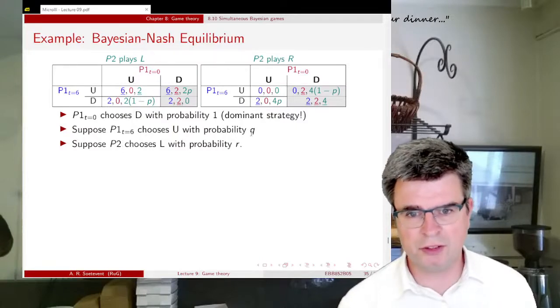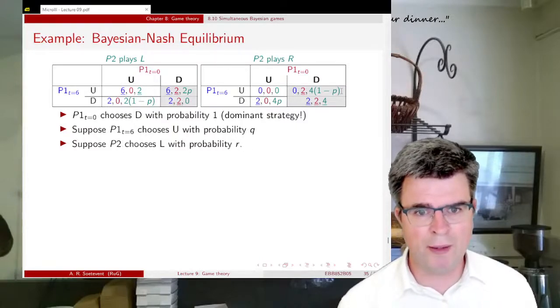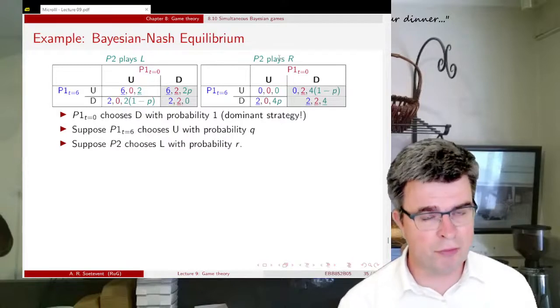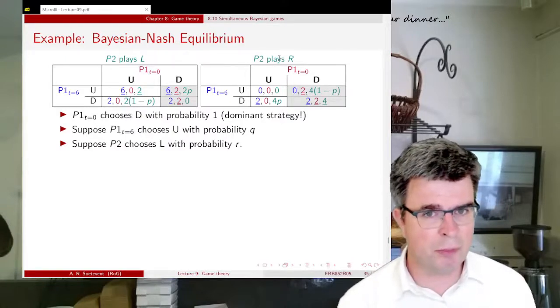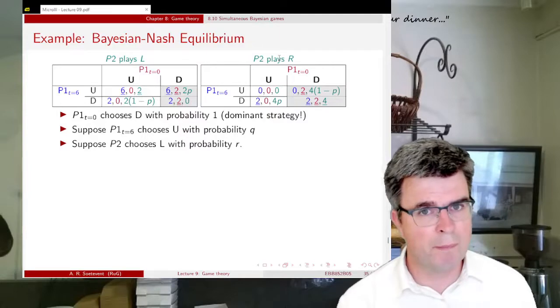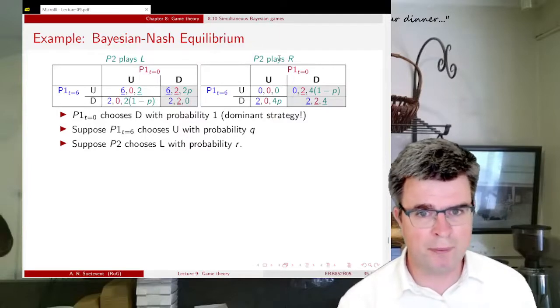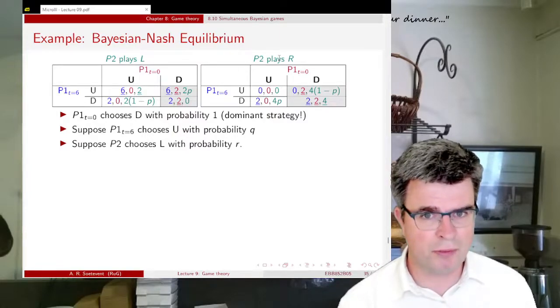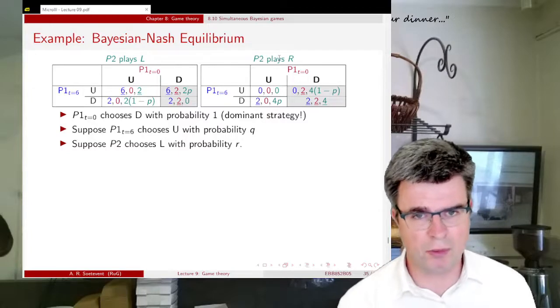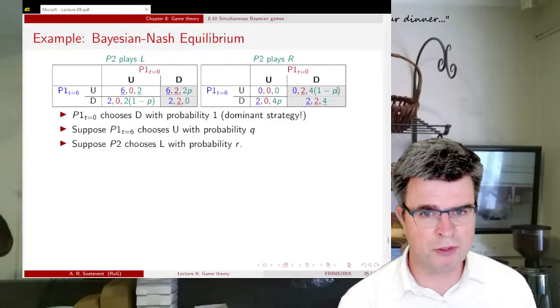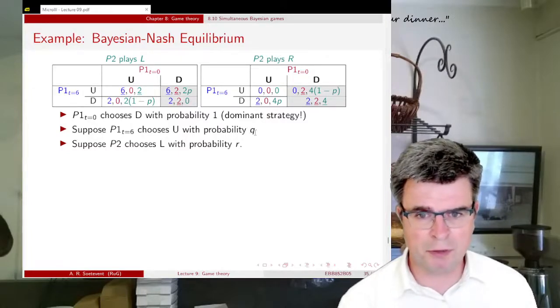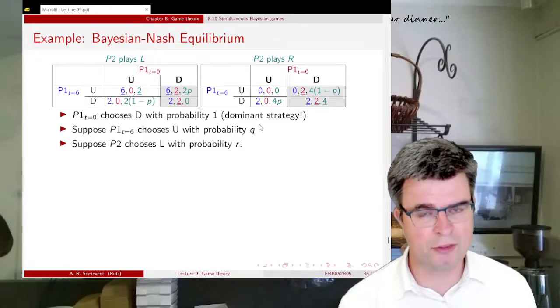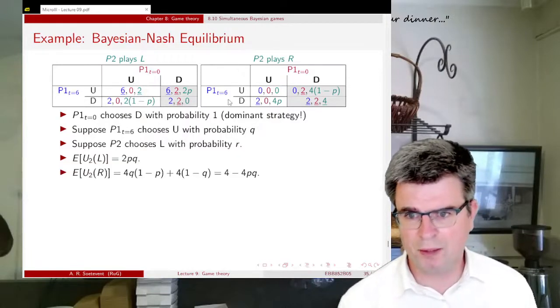So Q and R are decision variables, and the P is given. It just determines the probability with which player 1 is of type T is 0 or T is 6. So player 1 cannot influence this probability, but this probability is something that the players can influence.